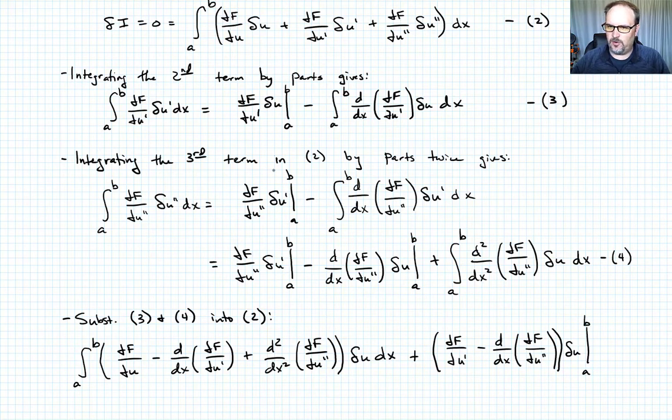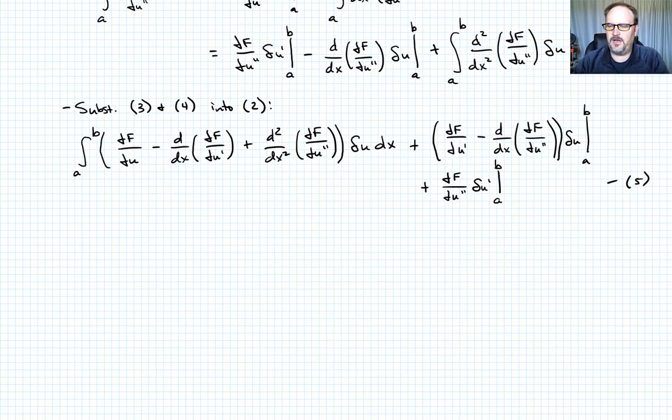And then there's one more boundary term, with this delta u prime. I'm going to have to write it below just for the sake of having room. So this then becomes plus partial f with respect to u double prime, delta u prime, evaluated at a and b. Let's go ahead and call this equation 5.